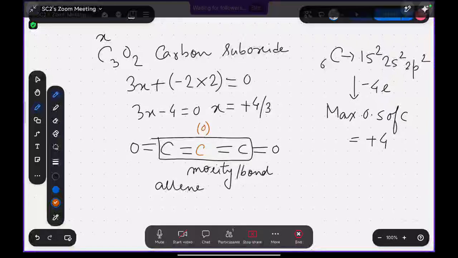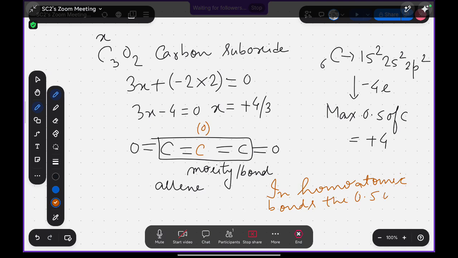The oxidation state of brown carbon atom is 0 because in homoatomic bonds, that means atoms bonded to similar type of atoms, the oxidation state is 0.